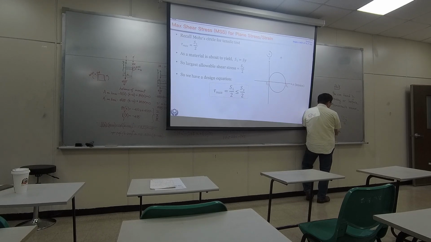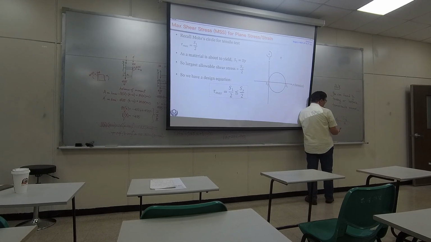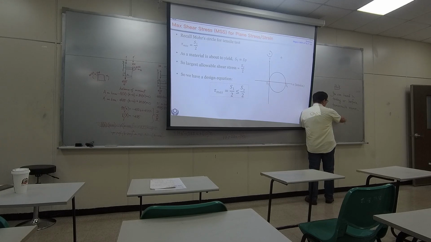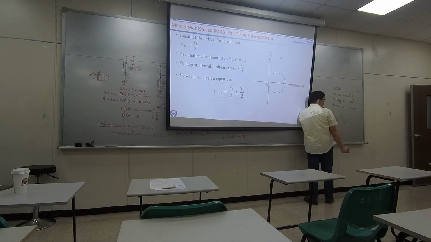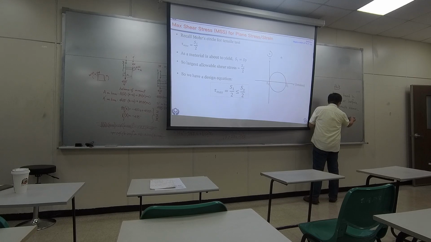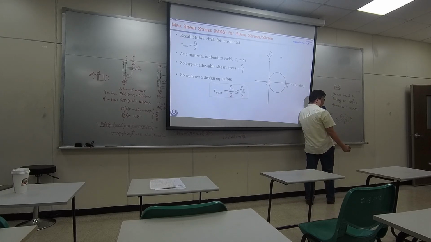So how can you have a better design? One way is to increase the upper limit, so you can carry more loads, right? So one way is to change your material. You can enlarge the yield strength by, for example, changing copper to steel. Copper is softer, right? Steel is stronger.